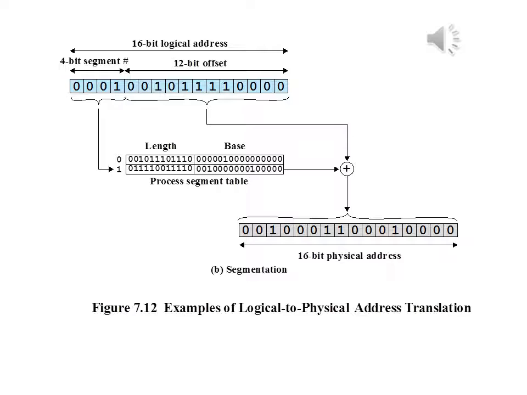Suppose that this segment is residing in main memory at a physical address 0010 0000 0010 0000. Then the physical address is 0010 0000 0010 0000 plus 0010 1111 0000.